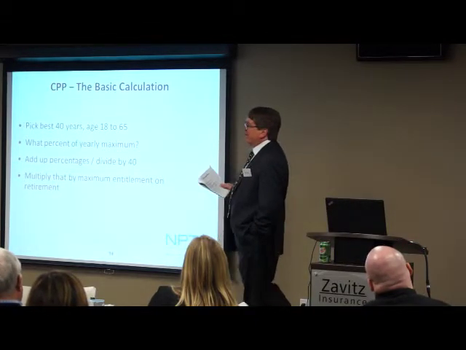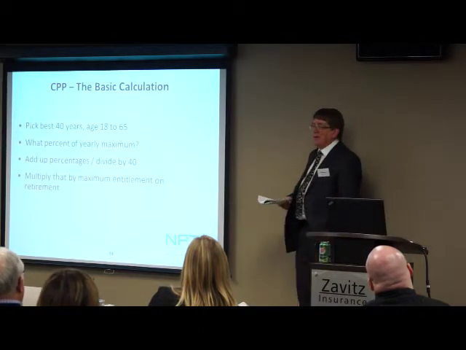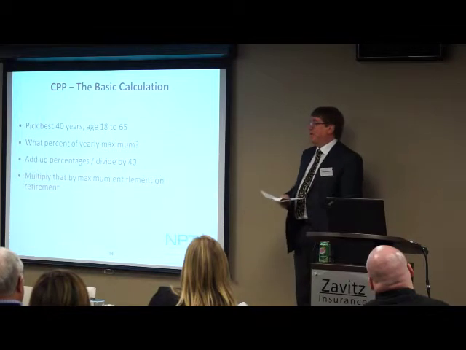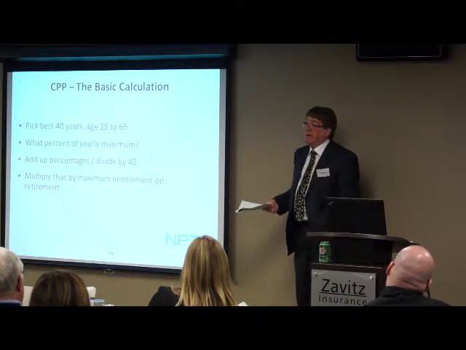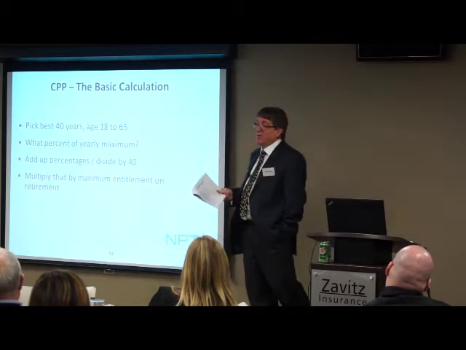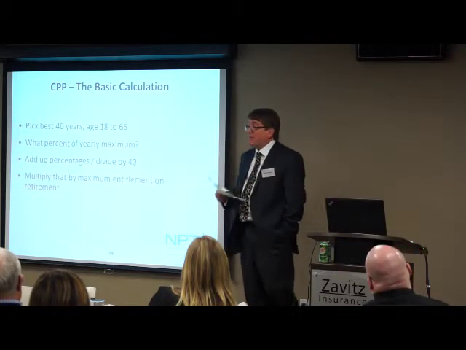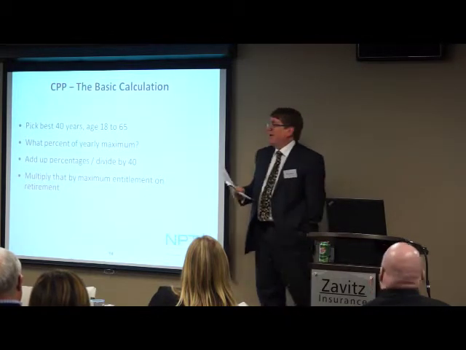So in most of those years, I hit the maximum. Now back in 1982, I only had to pay $130. So I didn't pay very much in those years, and yet that still counts as a full year. So all I need are 40 good years to maximize, and it doesn't matter which 40, or if I only have 30 years, I'll get 3/4 of the pension. So my past history is pretty good for me.